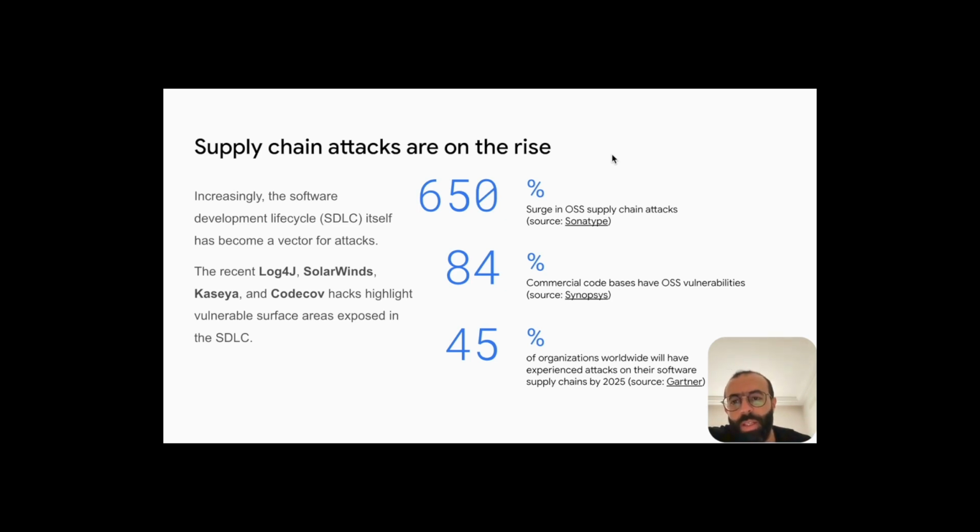That's why we need to think about the security of our supply chain and try to implement the best practices in order to avoid problems in our software supply chain development.